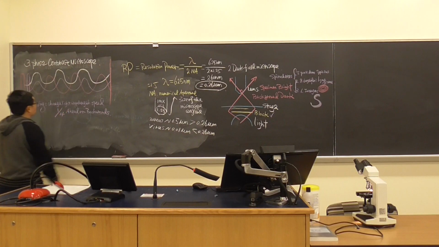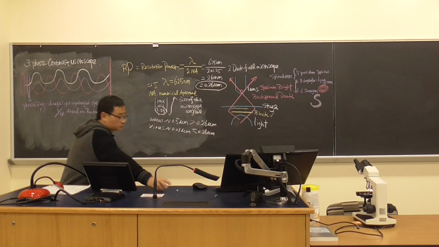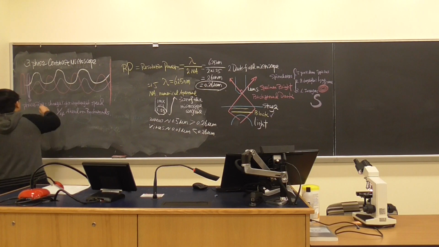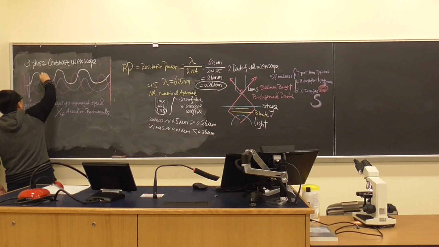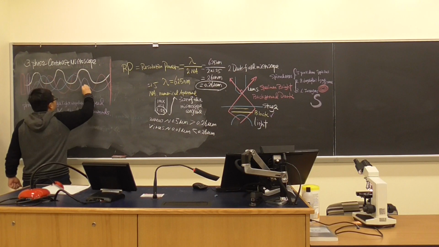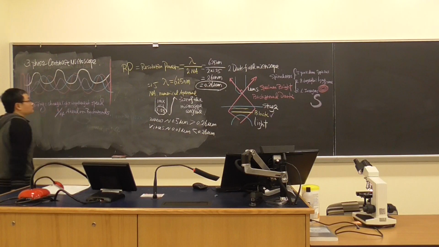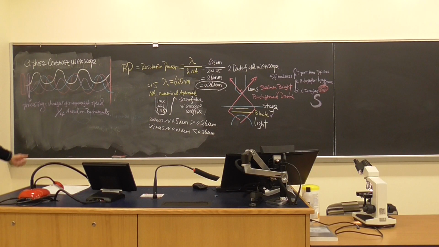Then what's going to happen? The curve may be shifted like this. Then you can see it. That's the principle, the easiest principle.